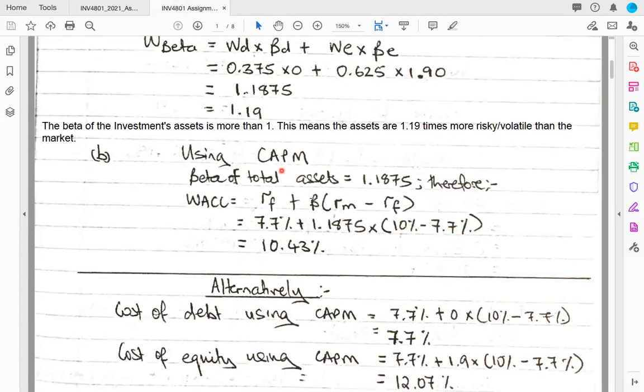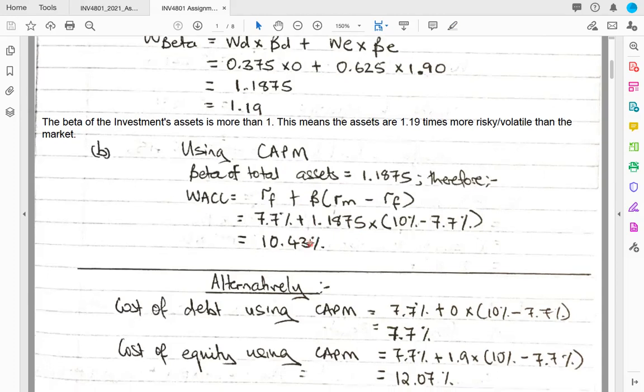So this is the beta right here. Here I just wrote it without rounding off. And we get 10.43%. Please be careful with this calculation. Just enter everything into your calculator. Be careful of BODMAS, but you should get 10.43%.